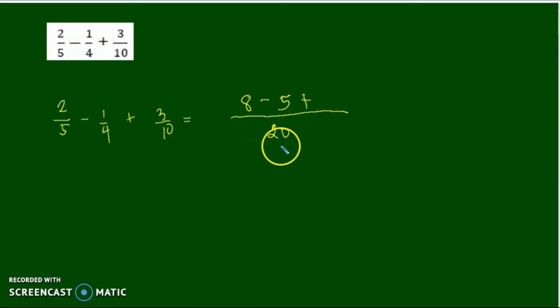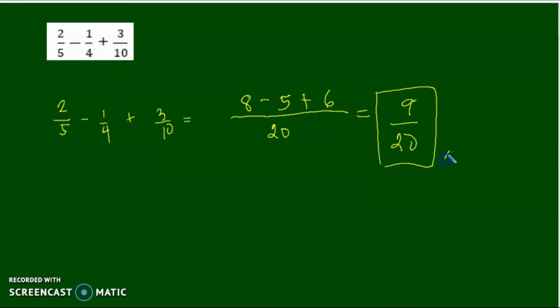Plus 20 divided by 10 equals 2 times 3 equals 6. And then simplify. So add 8 and 6, which is equal to 14, minus 5, so equals 9 over 20.